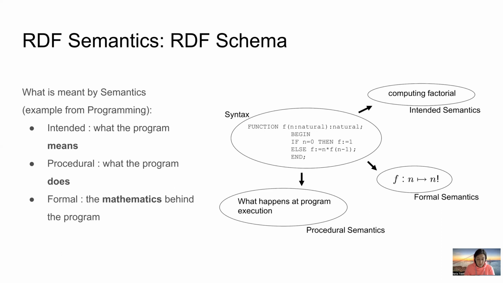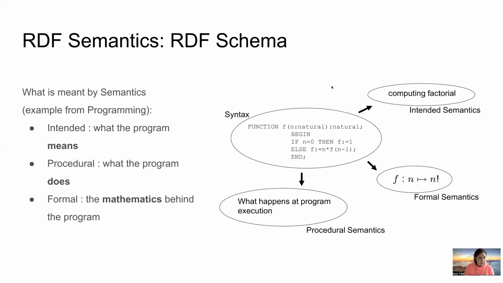We have a formal semantics. So the formal semantics is a way to formally write the functions. What is the mathematics behind this program? And finally, you have procedural semantics. So what the program does, what actually happens when the program is being executed.